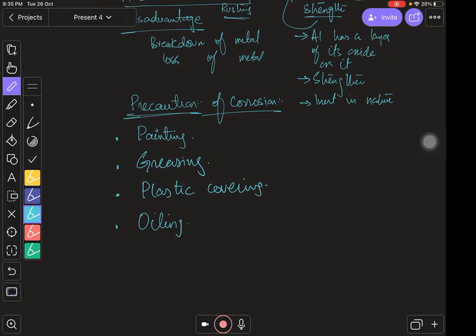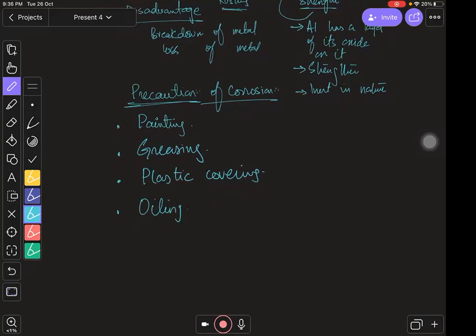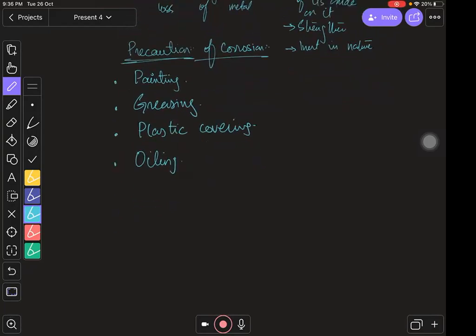And one of the best methods to avoid rusting is galvanization. Galvanization of iron is always done by zinc, right?